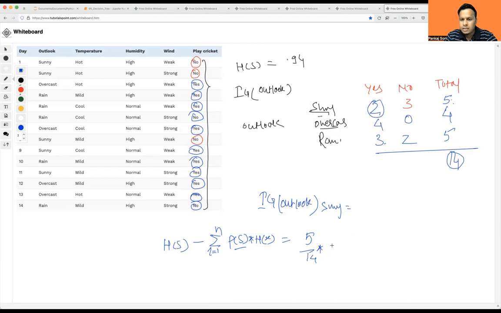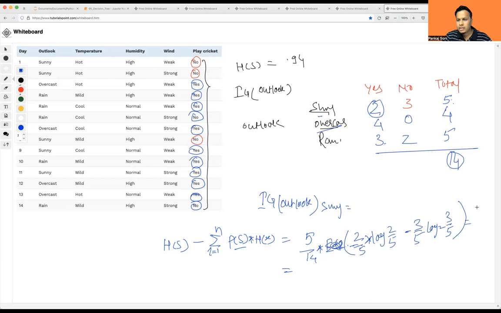So yes, that is nothing but 2 by 5, that is yes, multiplied by log of 2 by 5 minus 3 by 5 log of 3 by 5. You calculate this, okay? And similarly for overcast also we'll calculate.